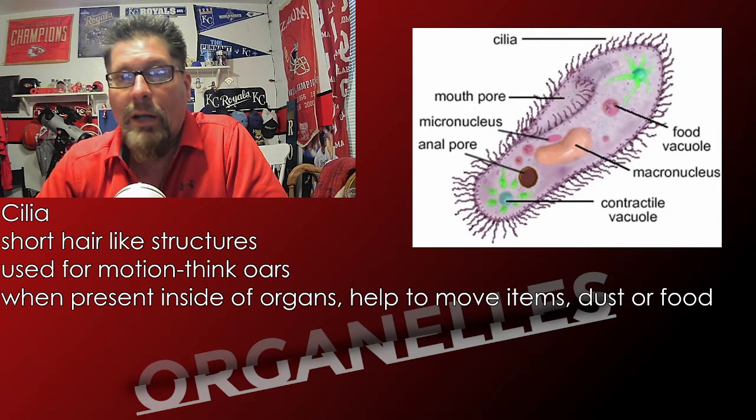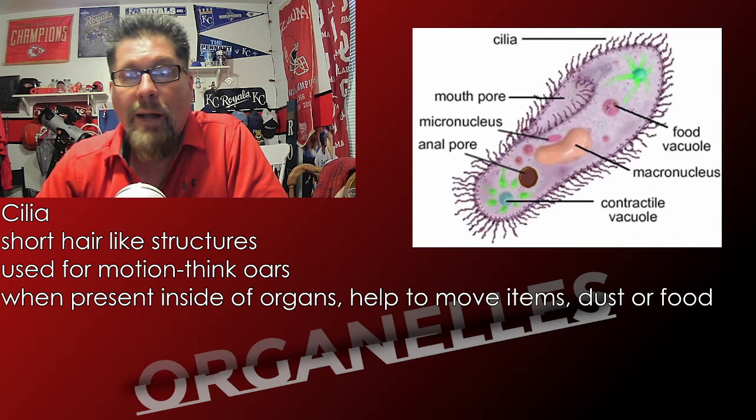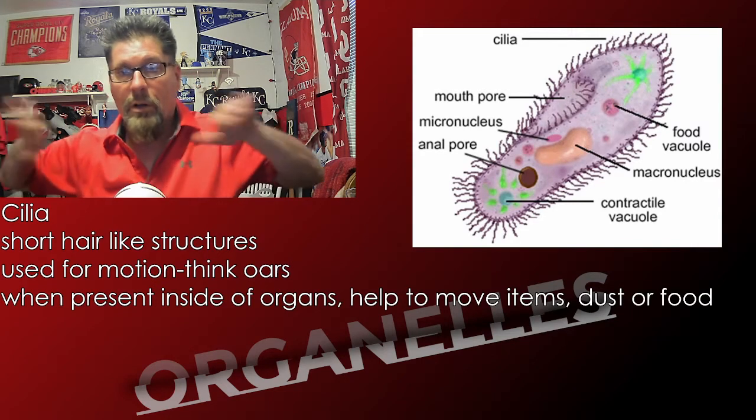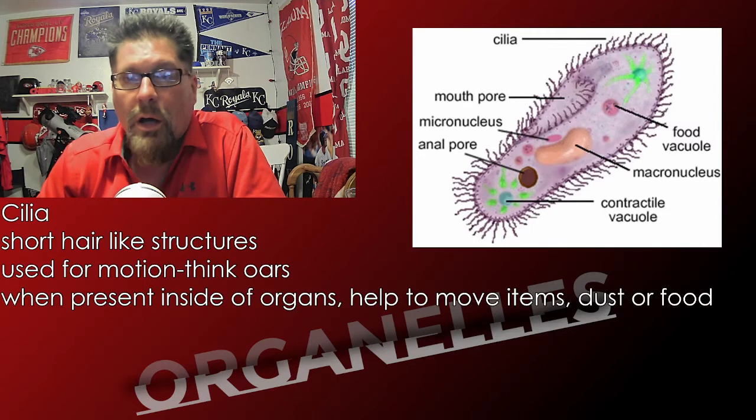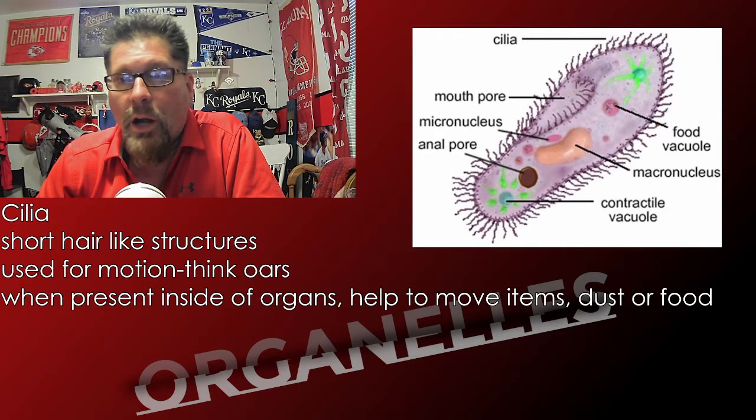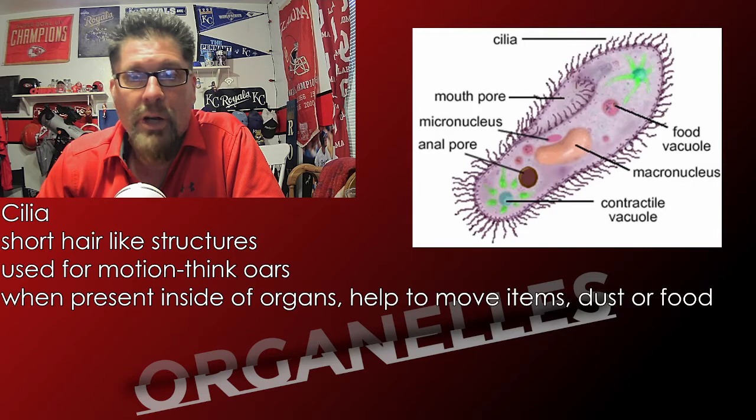You got the guy in the front or back going row, row, to keep that rhythm going. That's like cilia. Lots of them. Just kind of moving, helping to move us around. But again, short, hair-like structures as opposed to the flagella, which is long.